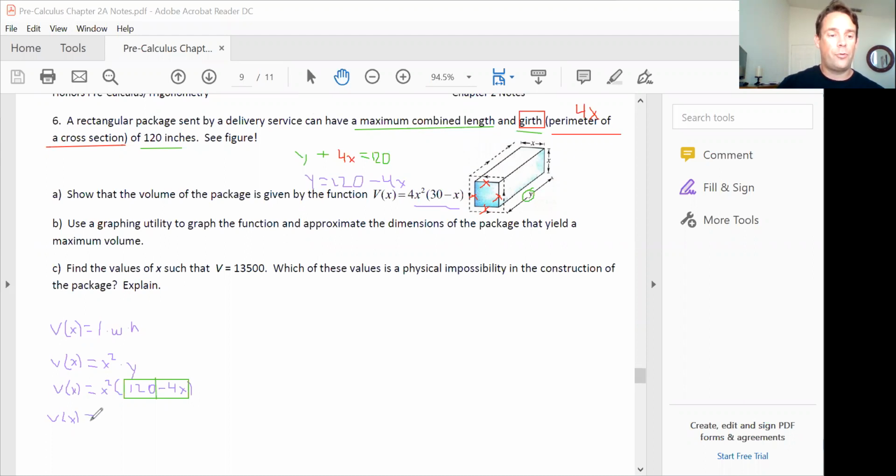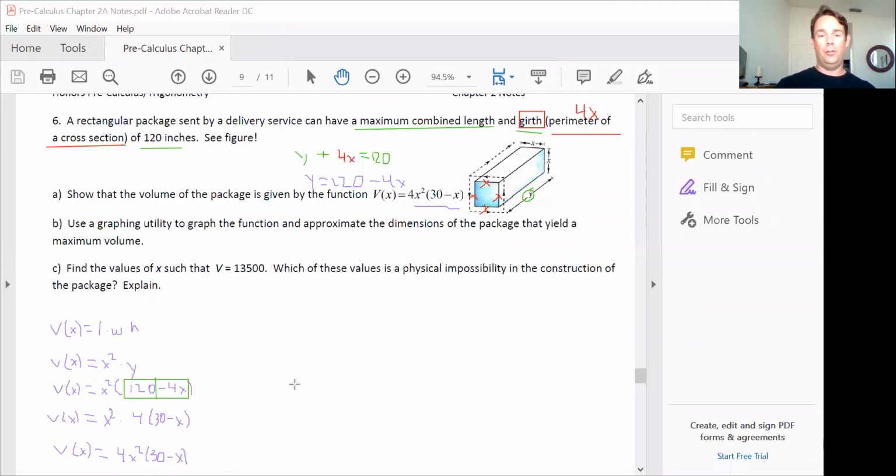So we have x squared times, if we factor out a 4, I'm left with 30 minus x. And hey, that works out pretty good. So it's 4x squared times 30 minus x. All right, part B says, use a graphing utility to approximate the dimensions of the package.